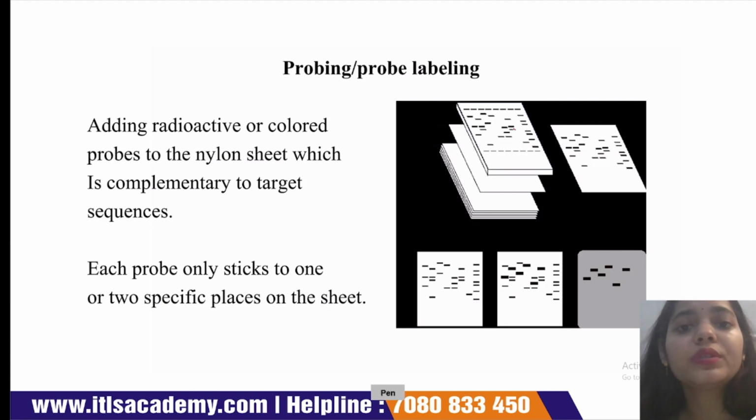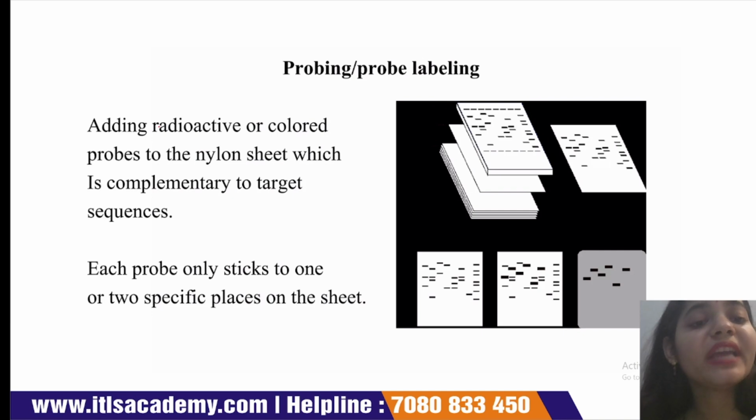After the overnight incubation, we use some radiolabeled probes. These radiolabeled probes are the complementary sequence of our desired band. After the transferring of DNA onto the nylon sheet, we perform the probing or hybridization process.